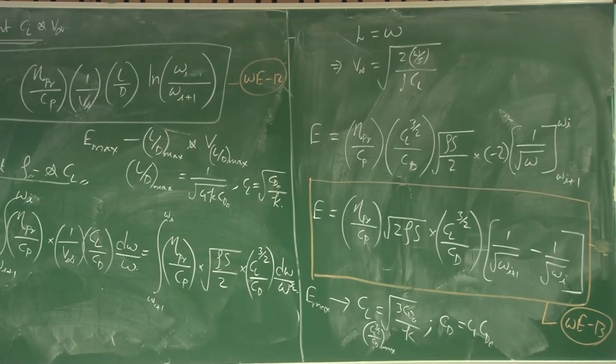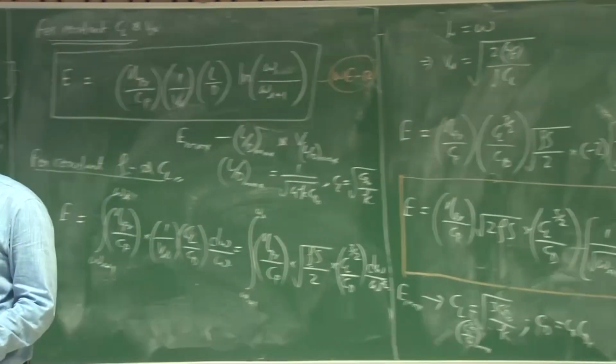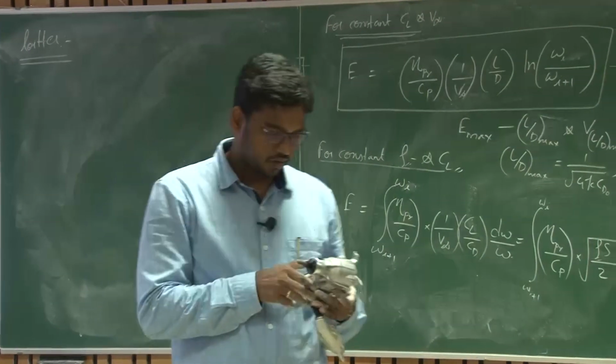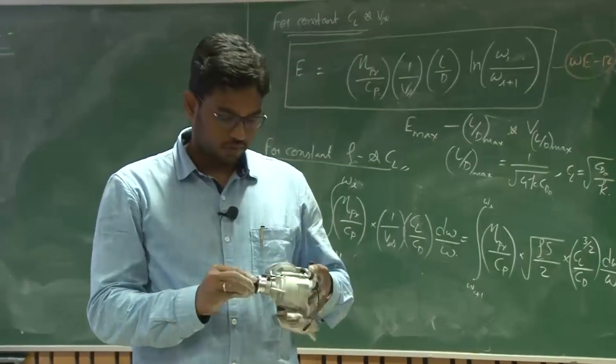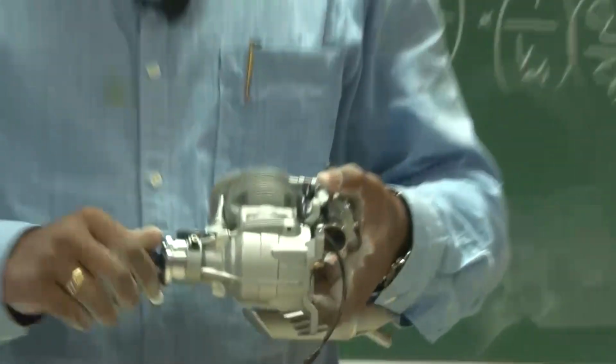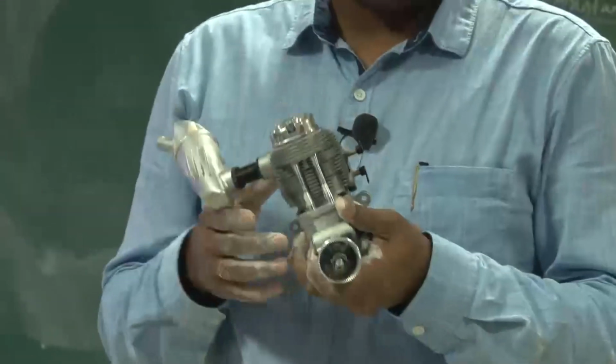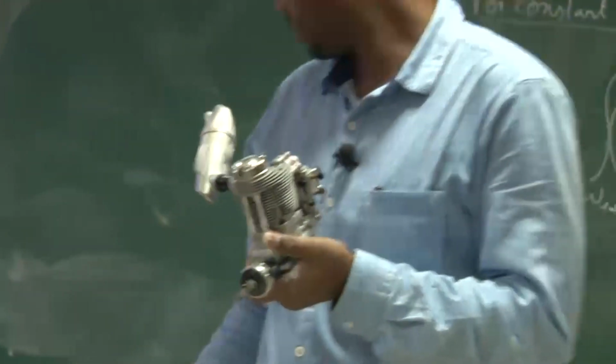Okay, till now we are talking about fuel based systems, right? In the previous lecture we were not able to show you a proper IC engine. So this is a bigger version of it, and I have the specifications of this as well.